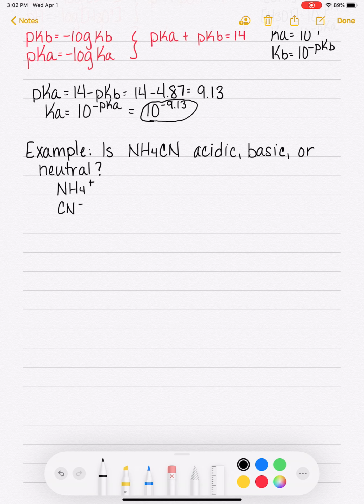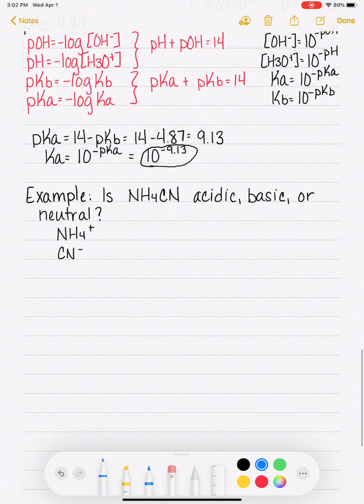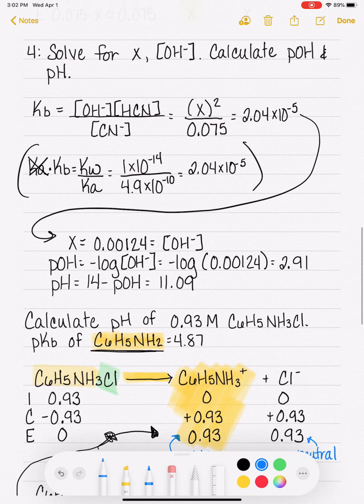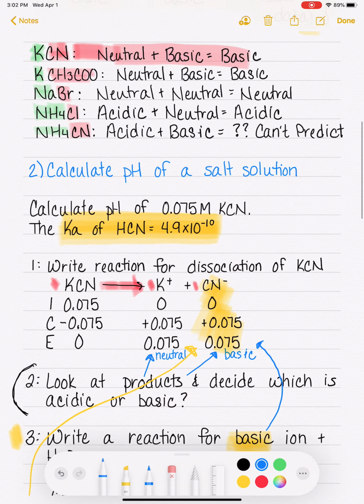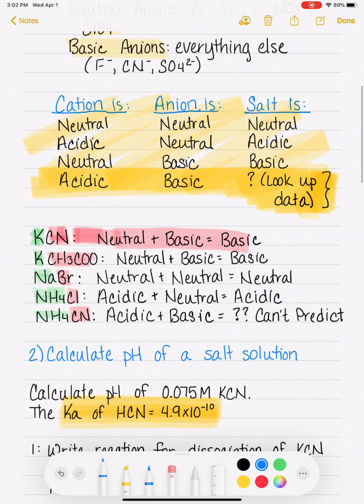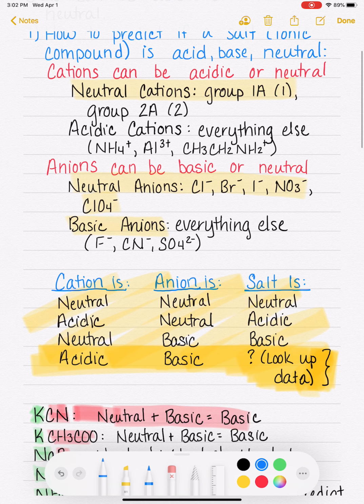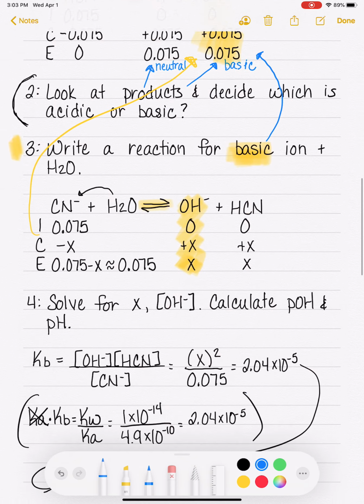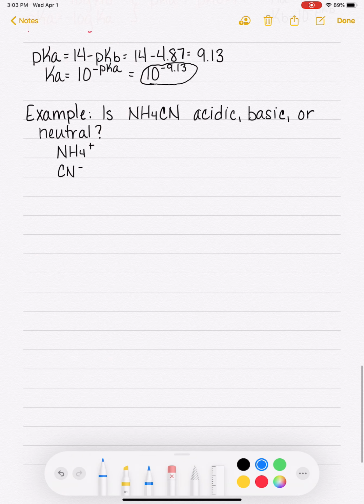Cations can either be acidic or they can be neutral. Let's scroll up to our list of cations. The neutral cations are in group 1A or 2A, and everything else is acidic. NH4 plus is just one of the examples that I gave you. So this is an acidic cation.